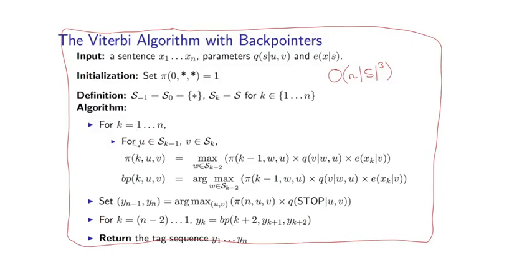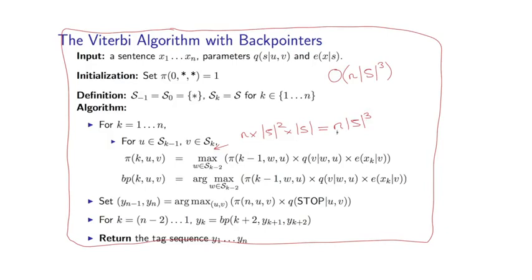Well, if we look at this, we have basically n times the number of tags squared possible values entering this loop. Okay, so we enter this loop this many times, and at each point we have to do a search over S possible tags, and so we get an extra factor of S there, and that's how we get the n times S cubed runtime for this algorithm.